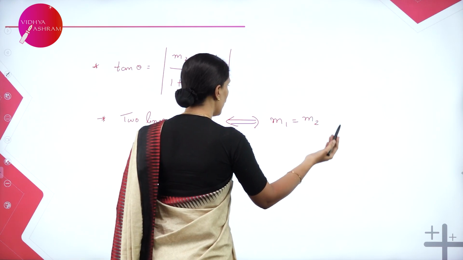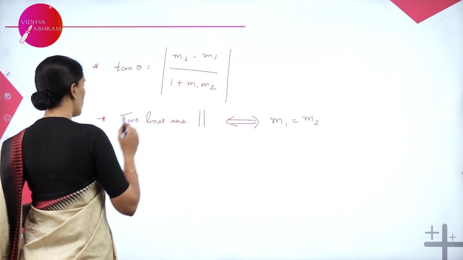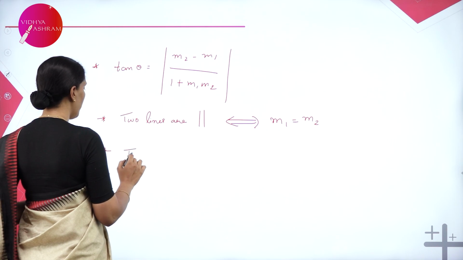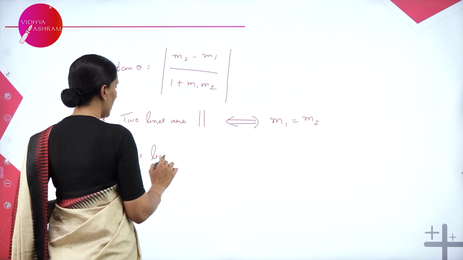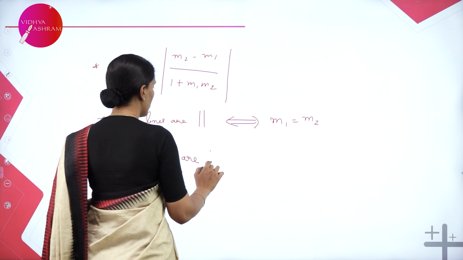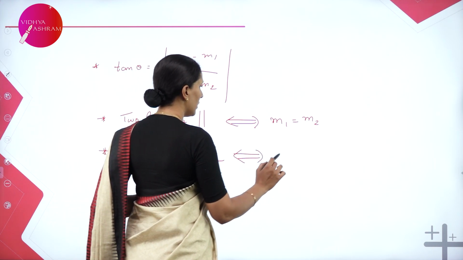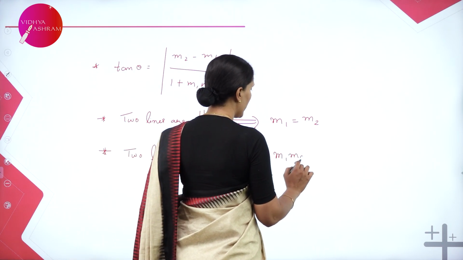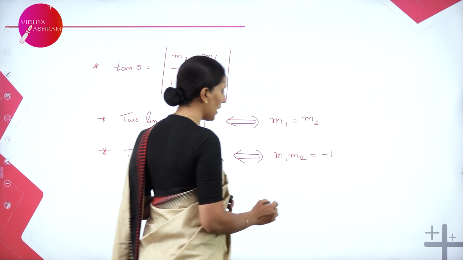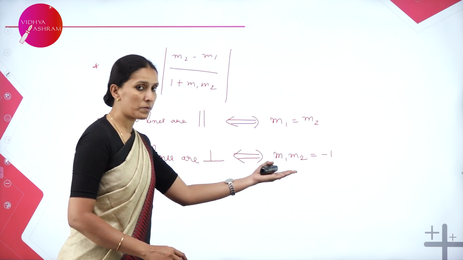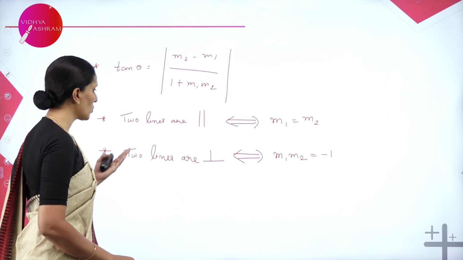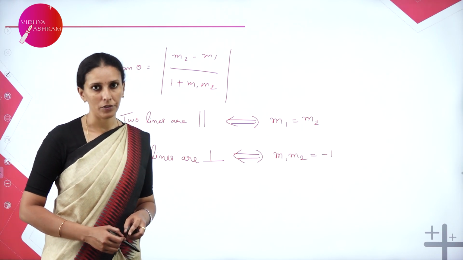So vice versa, if slopes are equal, then the two lines are parallel. Similarly, two lines are perpendicular if and only if the product of their slopes is equal to -1. Similarly, if the product of their slopes is -1, then the two lines are perpendicular to each other.